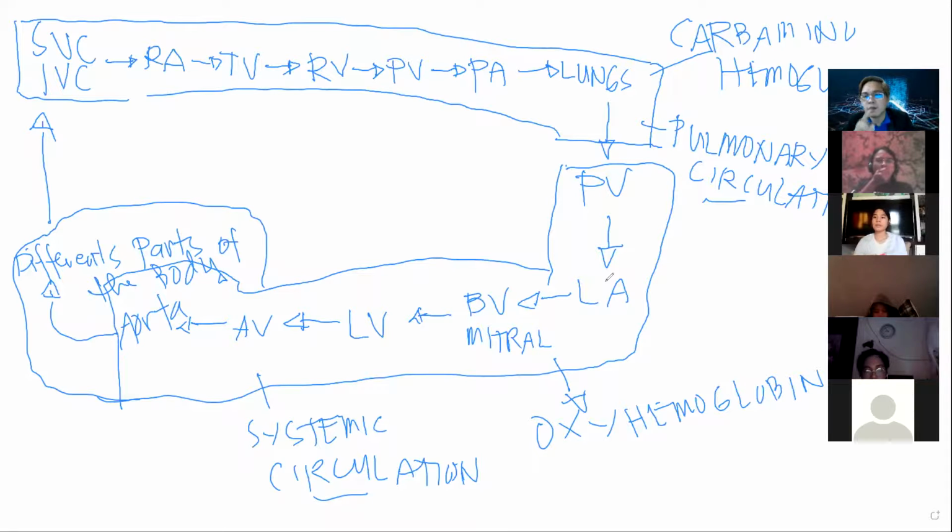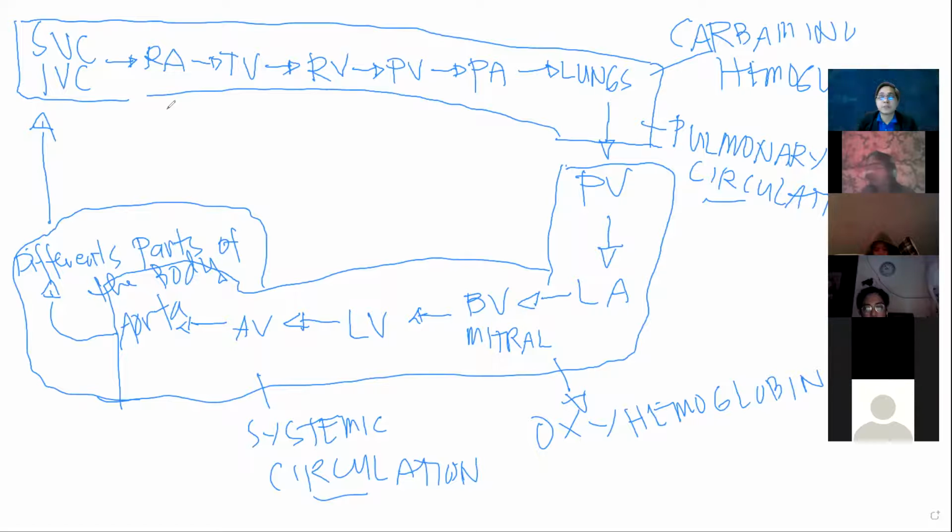In the tracing, because it is numbered, for example, you're asked to start at the valve going to the right ventricle. So this is number 1, tricuspid, number 2, and so on. So you'll be numbering it based on the sequence of the circulation from the pulmonary circulation going to systemic circulation.